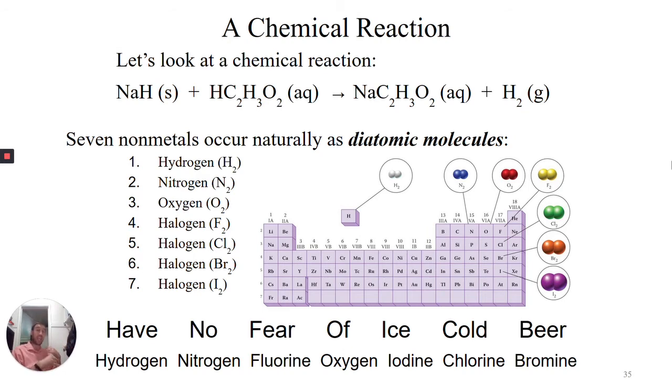Just like when I say acetate, we know it's C2H3O2 negative. All of that information is encoded in that name, and we have to know it. Okay? So there are certain elements that are diatomic. Those certain elements would be hydrogen, nitrogen, oxygen, fluorine, chlorine, bromine, and iodine. So you have to know those 7 elements.